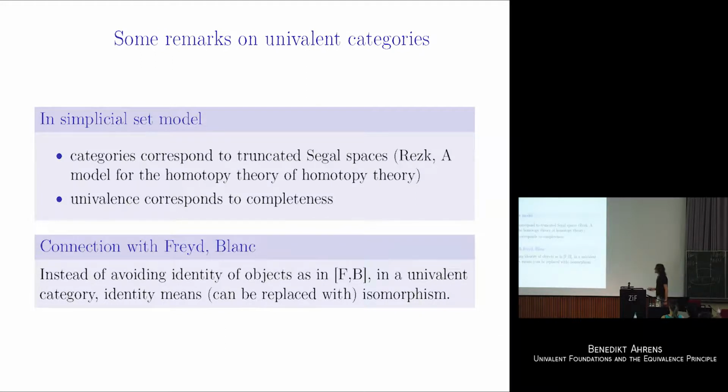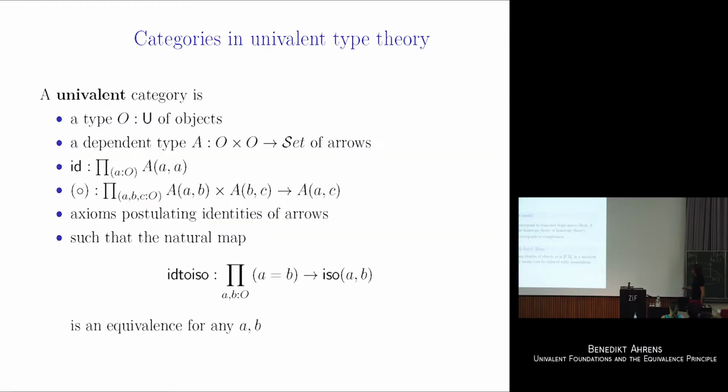Okay, so what is the connection to how this condition connects to what I said in the first part, to the result by Fried and Blanc, where it was forbidden to talk about identity of objects.